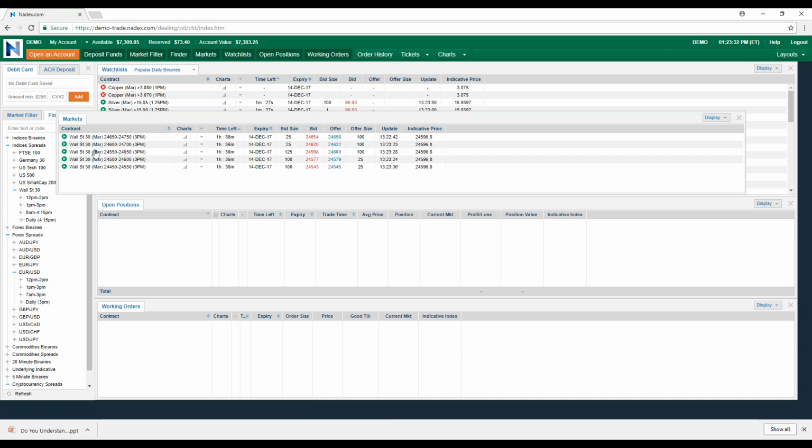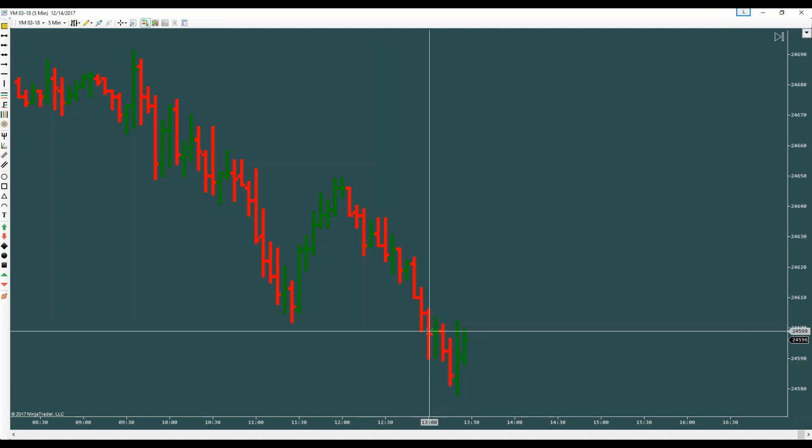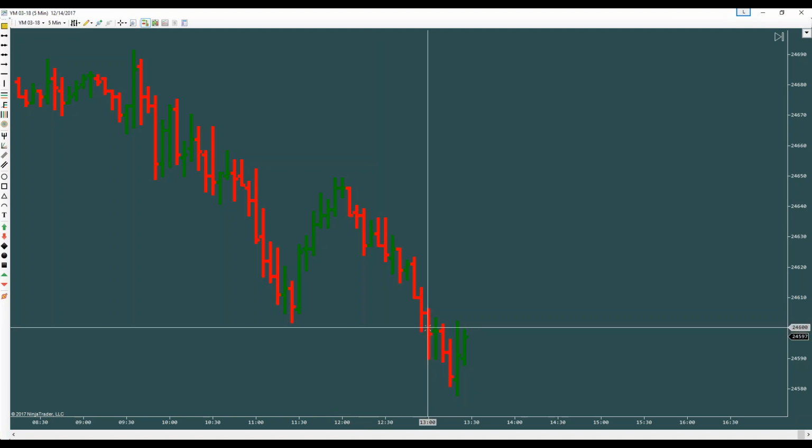So what do we notice right here? 24,600 is the floor of this spread. 24,600 is the ceiling of this spread. See that? Where was the market at? Right here at about 1 o'clock. See the price off to the right? 24,600. That's how these spreads are determined.